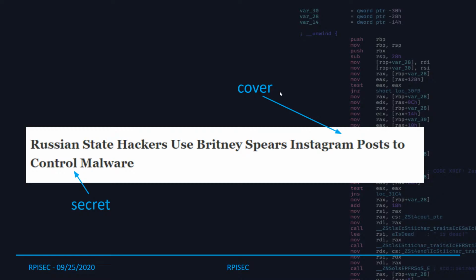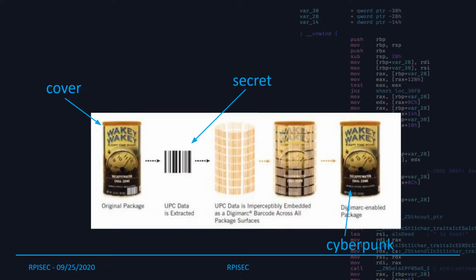So, when a malware botnet is controlled by cryptic comments posted to someone's Instagram page, that's steganography. When Digimarc decides that they're going to cover every surface in the universe with barcodes, that is steganography and terrible.